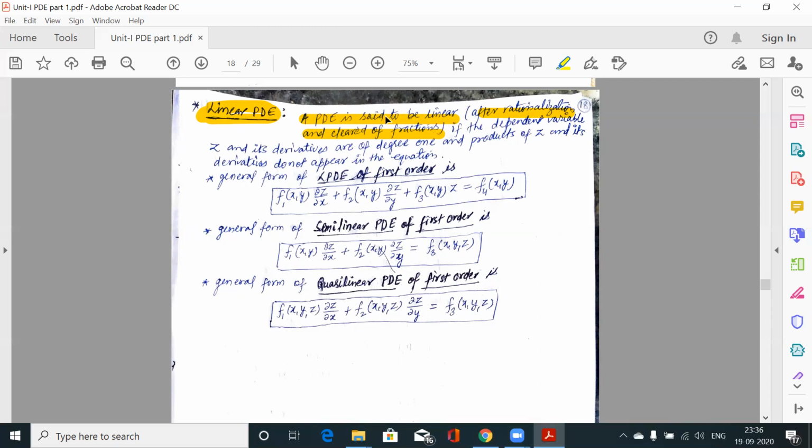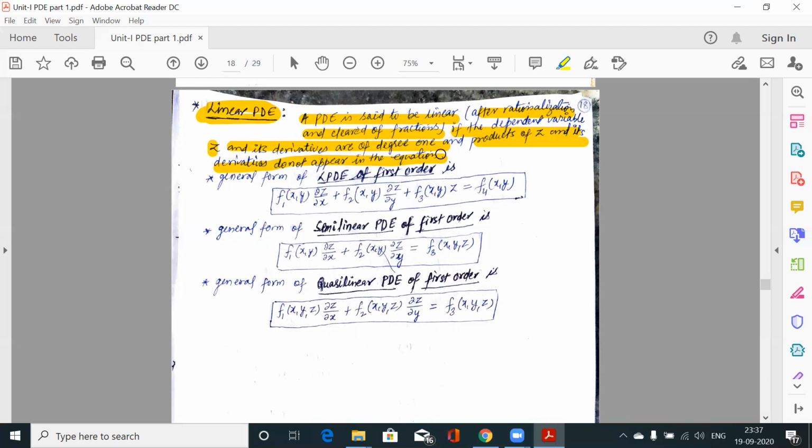So a PDE is said to be linear if the dependent variable z and its derivatives are of degree 1 and the products of z and its derivatives do not appear in that equation. So it is a first degree equation.